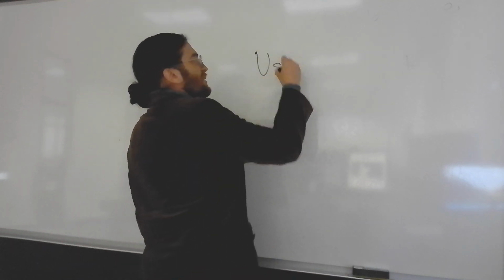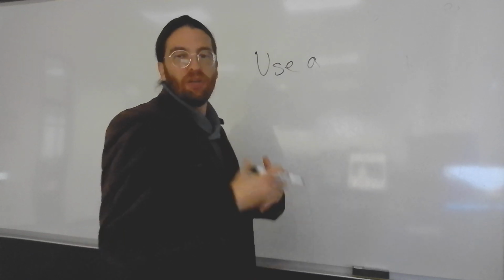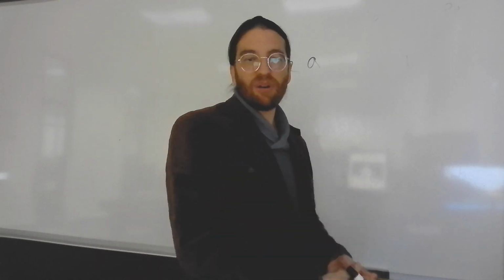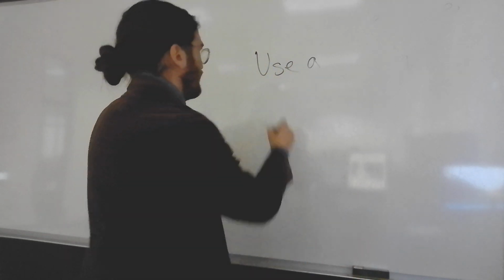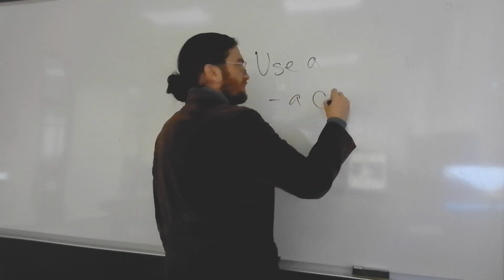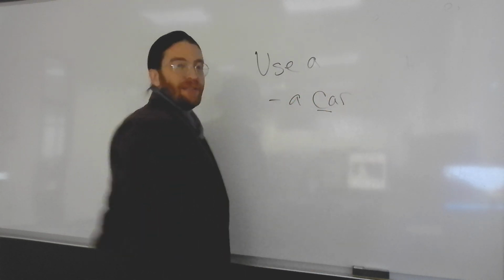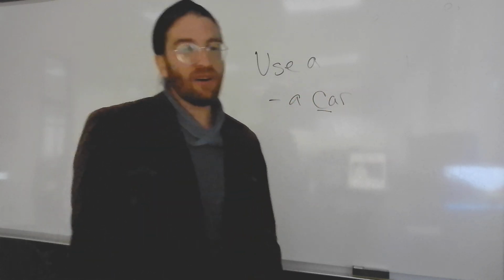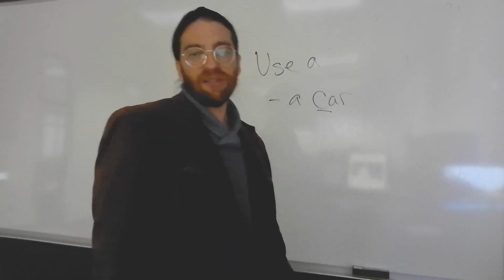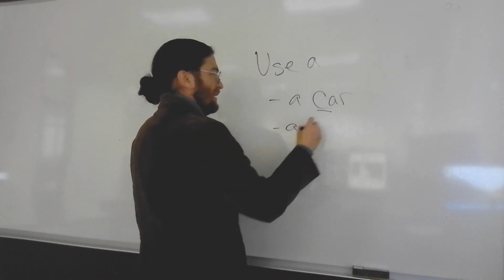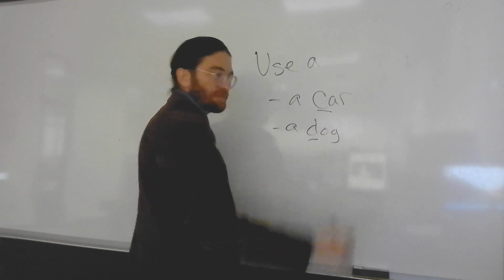We use a before words that start with a consonant, such as a car. The C in car is a consonant, or a dog.